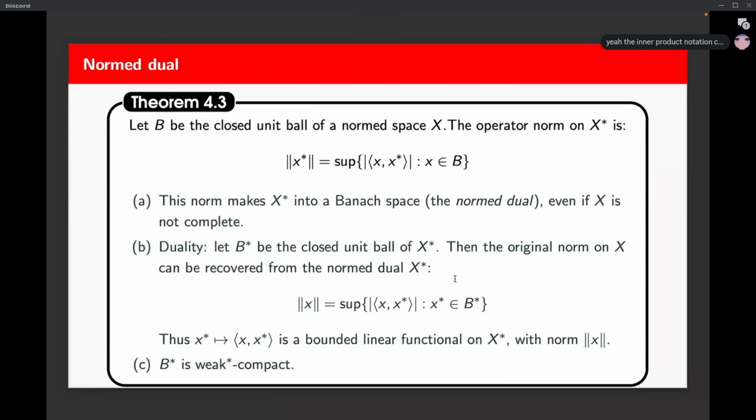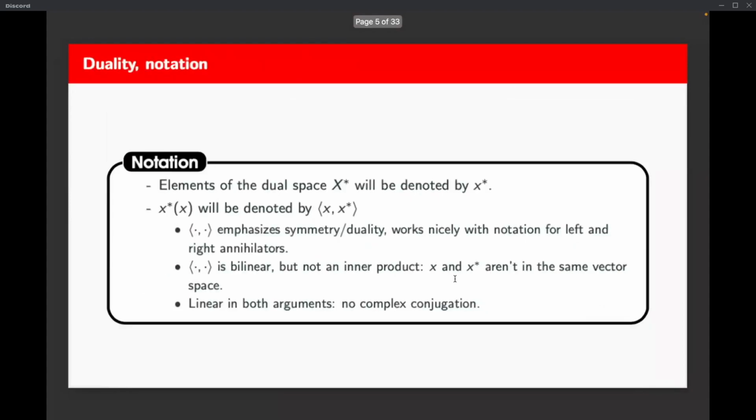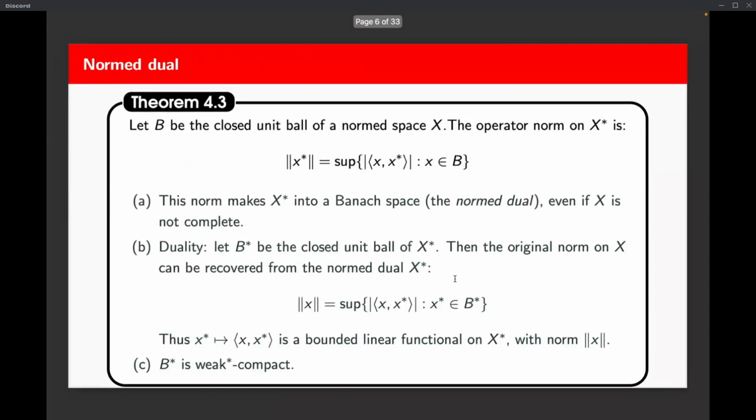Okay, so the next theorem. Yeah, this is just a restatement of what the operator norm is in terms of the dual space. When we specialize to the dual space, the name of the operator is something like x star instead of lambda, and then we're taking a supremum.